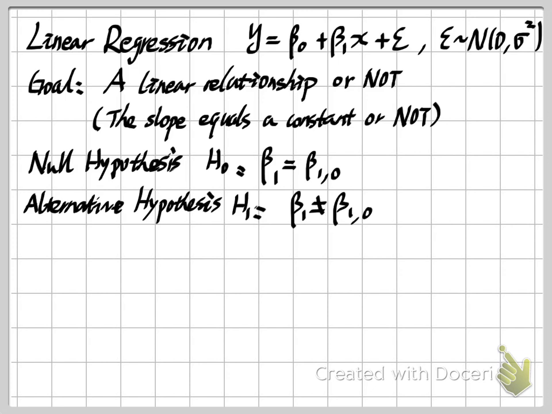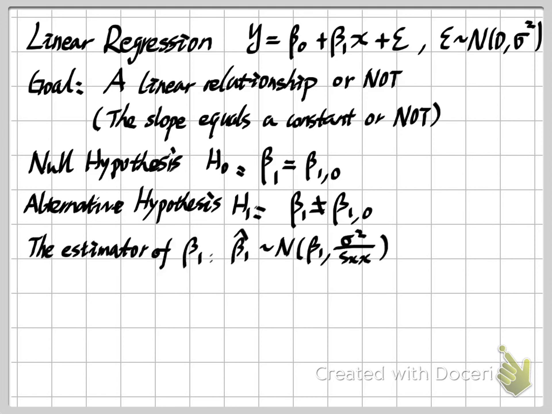What is the notation for the estimator of beta 1? Similarly, we use the hat to show the estimator, so this is beta 1 hat.